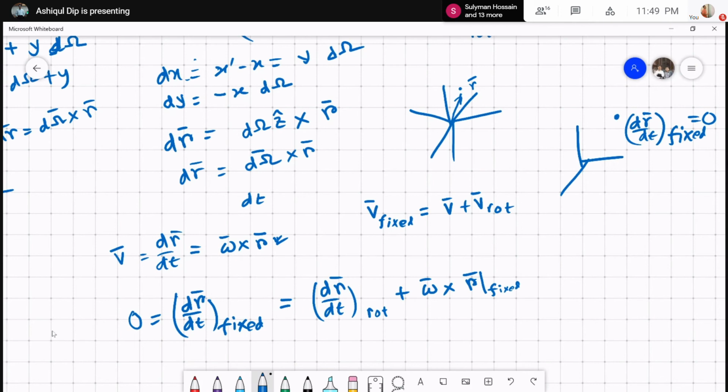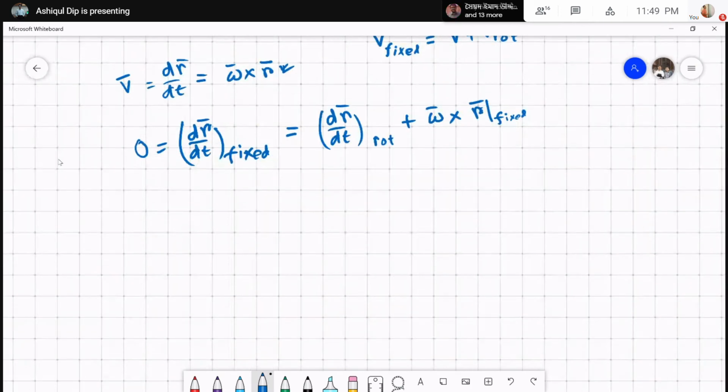So this is what is happening. This part is coming from purely rotation, and another part is actually adding something. When this is totally fixed, then dr over dt is seen by the moving observer only, the rotating observer, and due to its own rotation. So for any vector that transforms like r, we should have the same transformation rule.